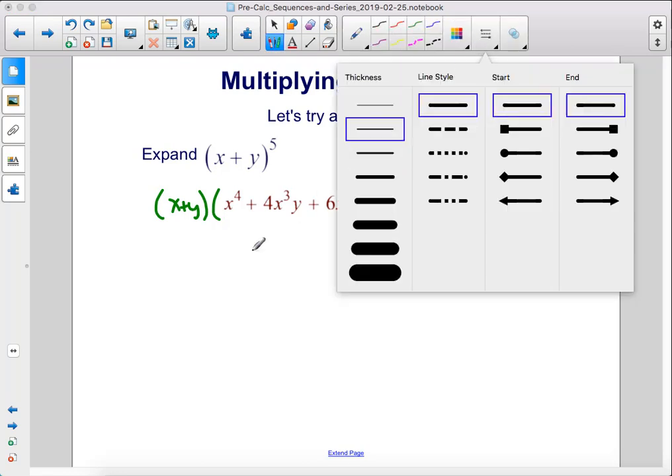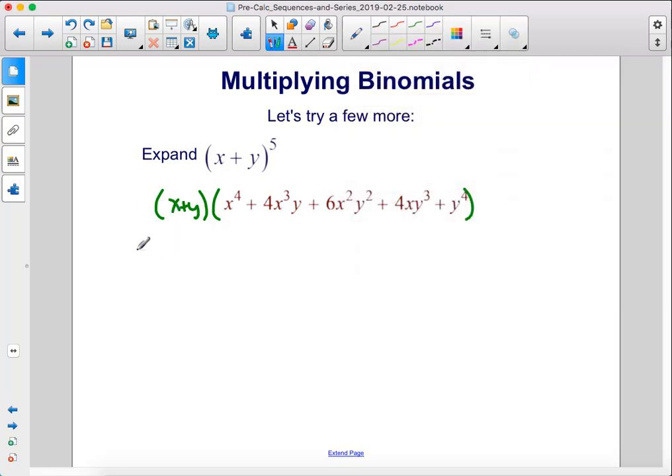So x times x to the fourth is x to the fifth plus 4x to the fourth y plus 6x cubed y squared plus 4x squared y cubed plus xy to the fourth.